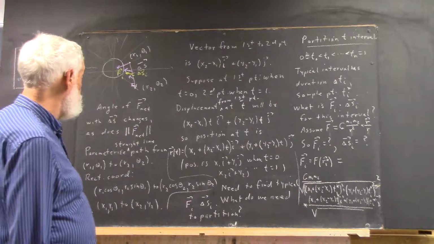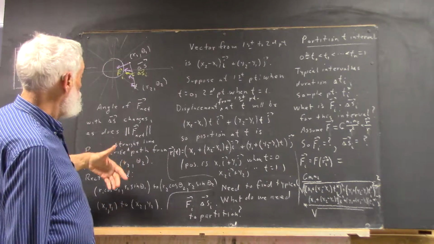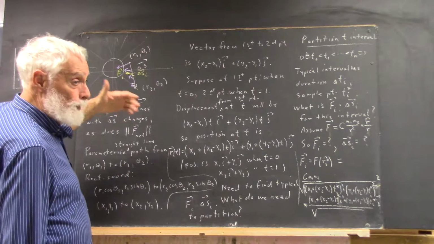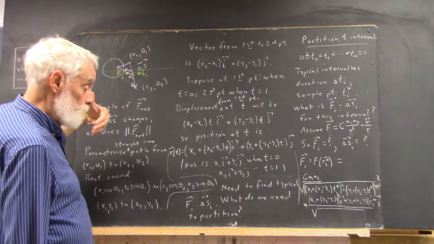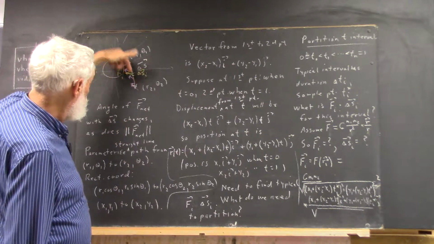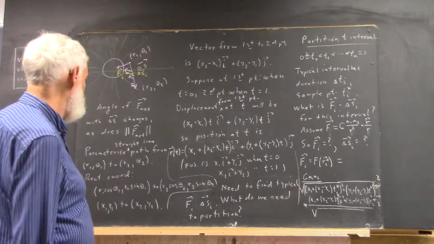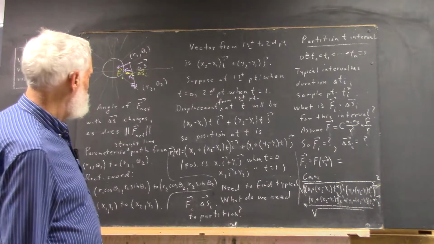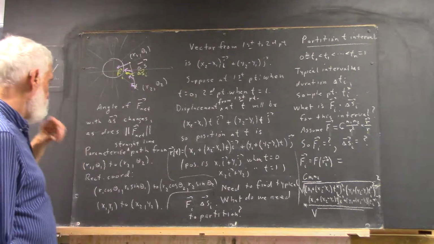So you're not going to be able to just take the dot product of some constant force with your delta S. Your delta S is just a straight vector from here to here, but you're going to have to break it up into smaller increments in order to do this integral.